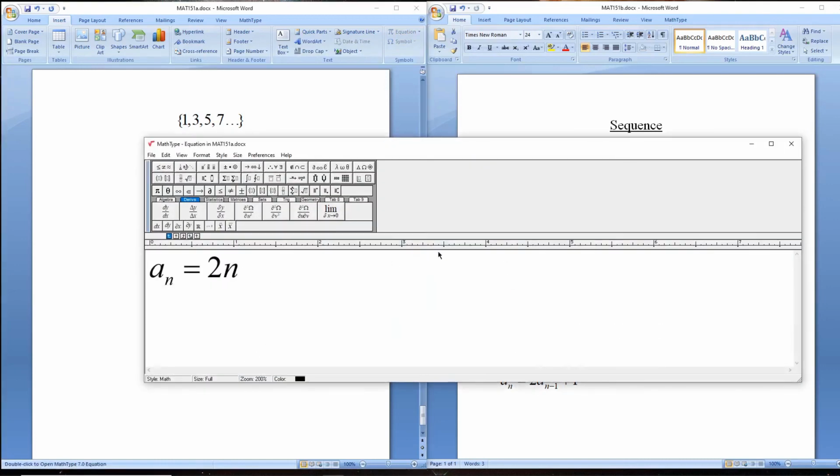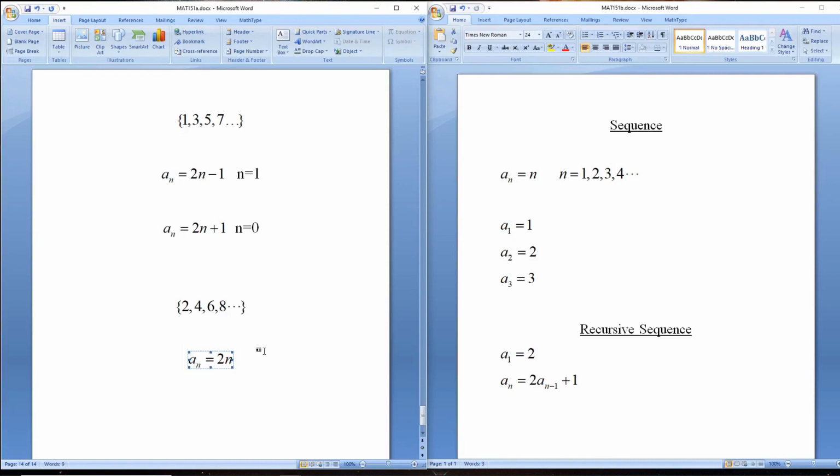Now we just have 2n. And this is for when n equals 1. So notice when n equals 1, we get 2, n equals 2, we get 4, when n equals 3, we get 6, and so forth. And so 2n is a very common way to list out all the even numbers.